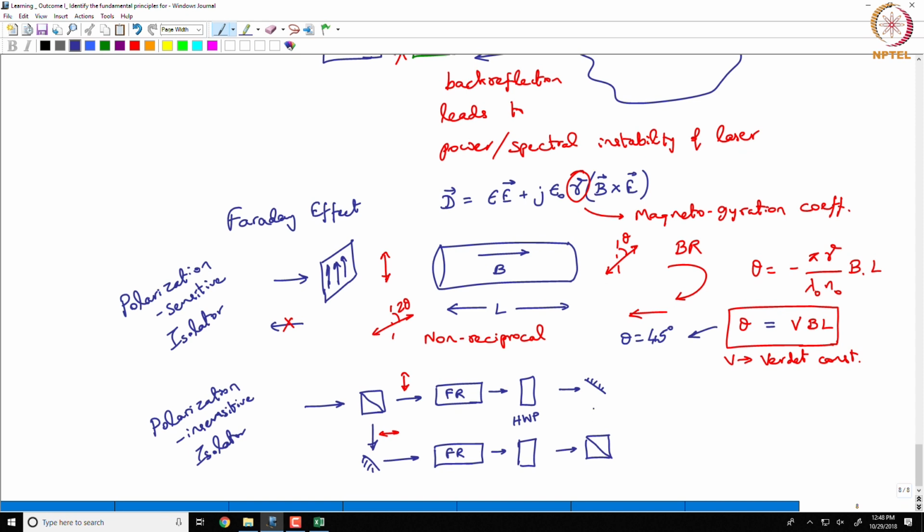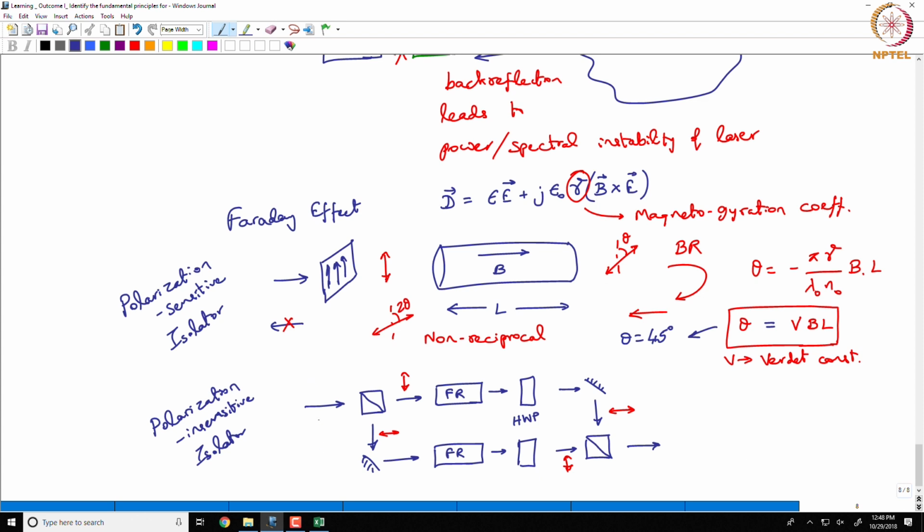So, you put another polarization splitter here. What this polarization splitter does is, any horizontal polarization it reflects, any vertical polarization it transmits. So, both these polarizations will go together to the side.